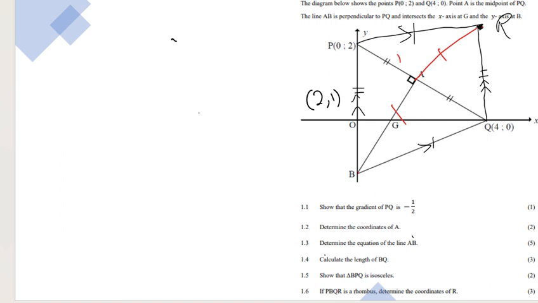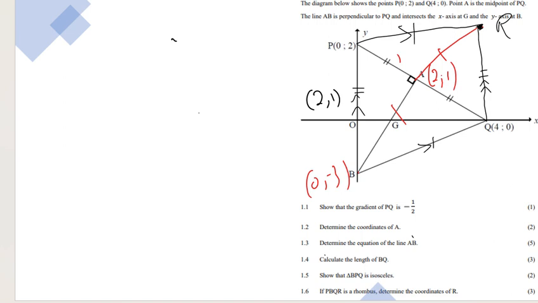That's how the diagonals of a rhombus are. So to find the coordinates of R, remember we know the coordinates here are 2, 1. Given that, it's easy. We just have to know the properties of all of these shapes.